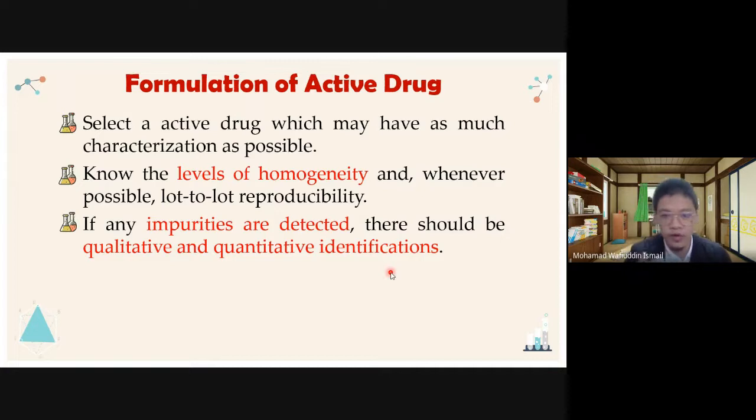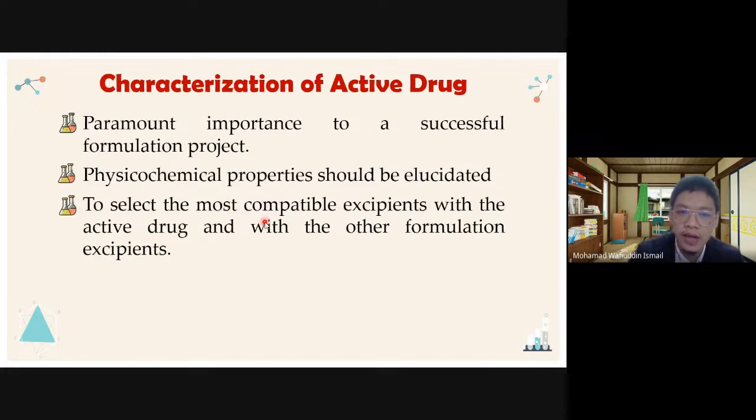We must be sure that the active drug is efficient enough to be in the formulation. It's not only the efficiency of the drug itself, but how it can be reproduced, because in formulation you want to ensure you can produce one batch, two batches, three batches with the same properties. That's the idea of lot-to-lot reproducibility.